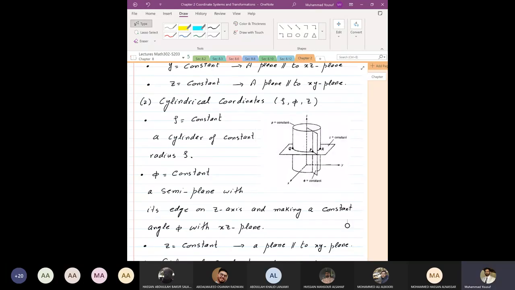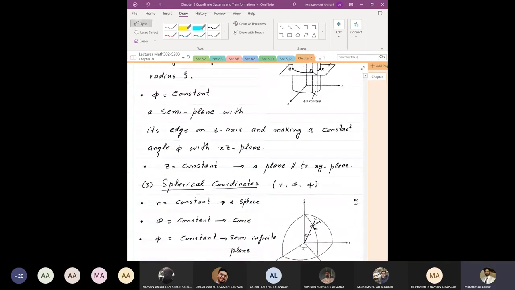And here clearly they are saying when rho is constant, we get a cylinder. When z is constant, we get a plane parallel to xy plane. And when phi is constant, we get a half plane whose one edge is on z axis.